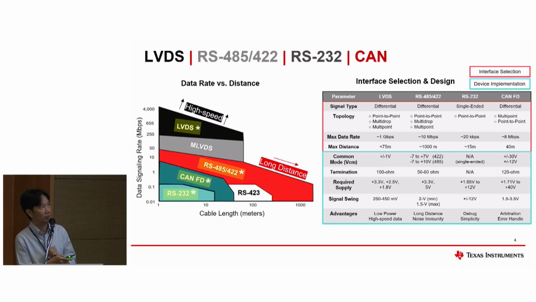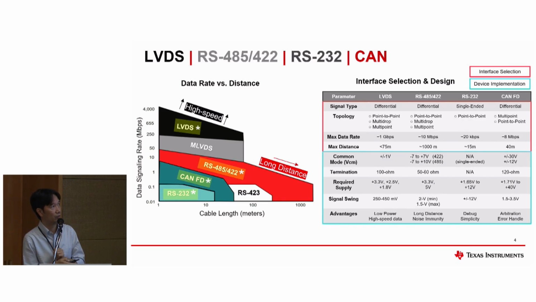If you just need single-ended signal type, then you can consider RS-422 and RS-232. It also depends on your system, whether you need point-to-point, multi-drop or multi-point topology.